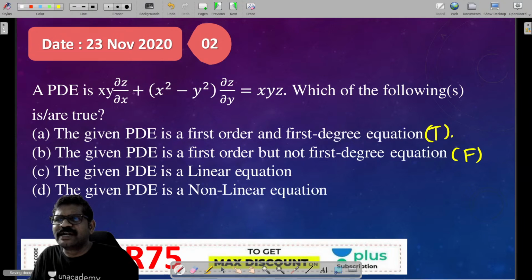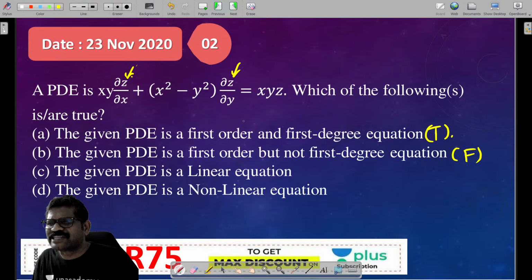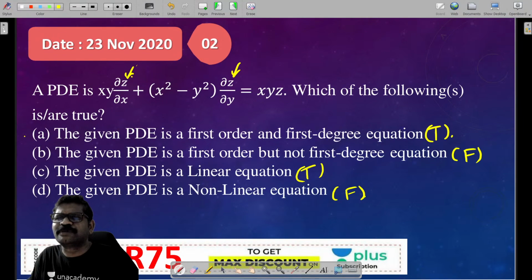So here del z by del x power 1, del z by del y power 1. Understood? So clearly this equation is linear. Non-linear is false. So first option and third option are found correct.